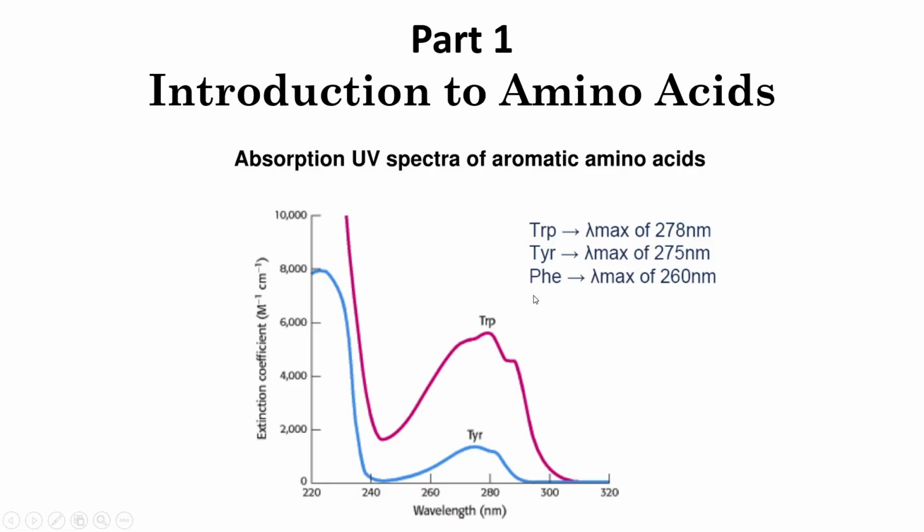And when you analyze proteins by using a UV spectrophotometer, generally at 280 nanometers, approximately 280 nanometers, these are the specific lambda max of each and every amino acid here. So as you all might know, proteins are made up of amino acids.